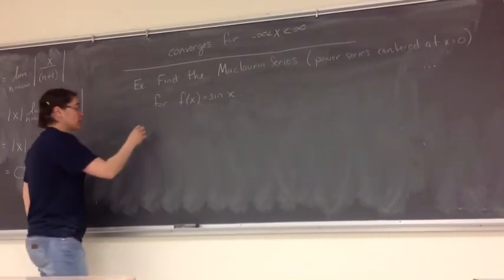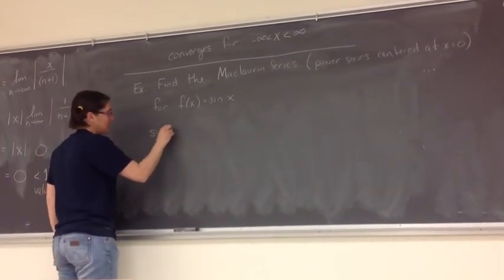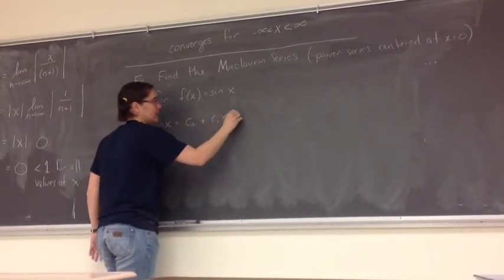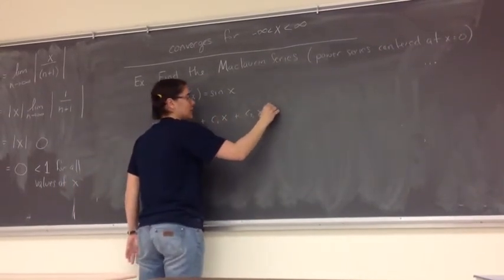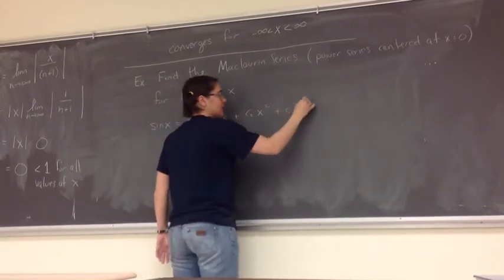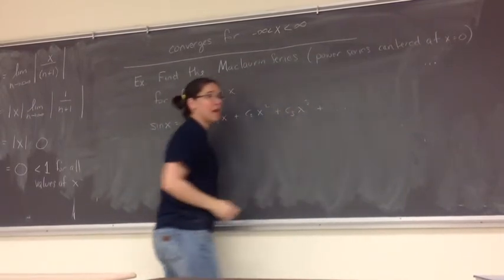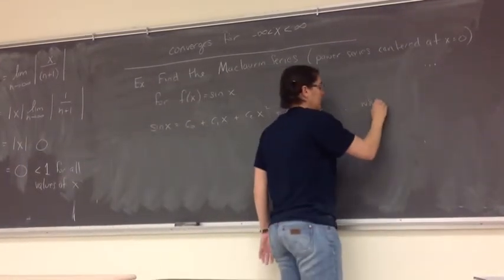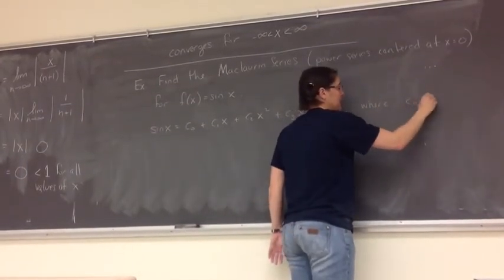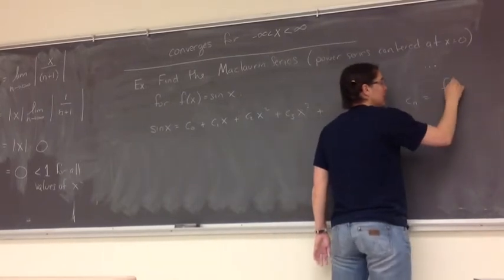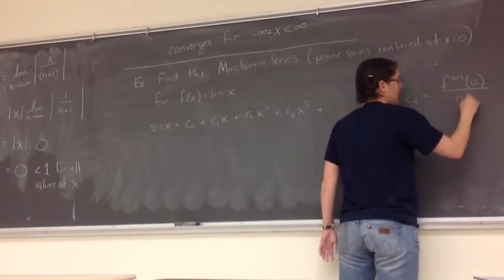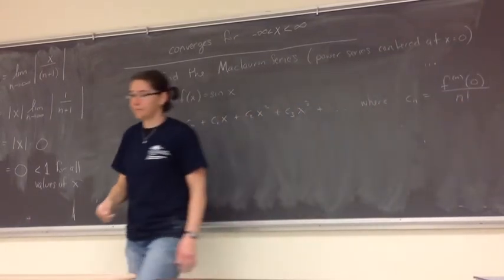So what that theorem told us was that if sine of x has a power series, it looks like c0 plus c1x plus c2x squared plus c3x to the third plus blah, blah, blah, where cn is equal to the nth derivative evaluated at 0 divided by n factorial.